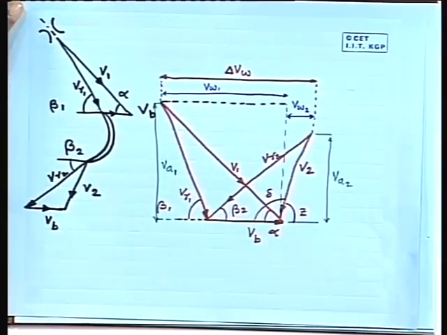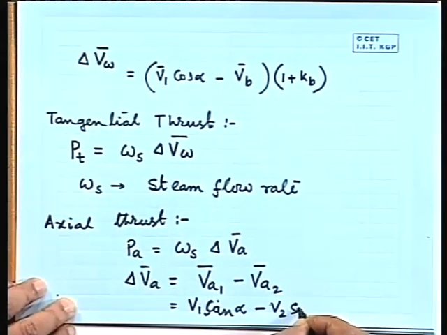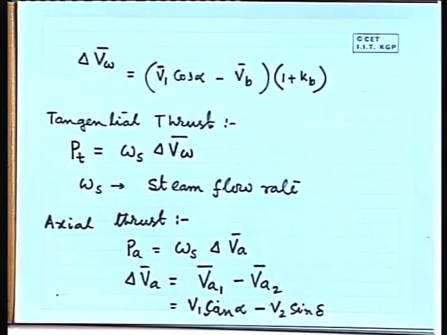So, that is V2 sin delta. So, this is how we can get the axial thrust.